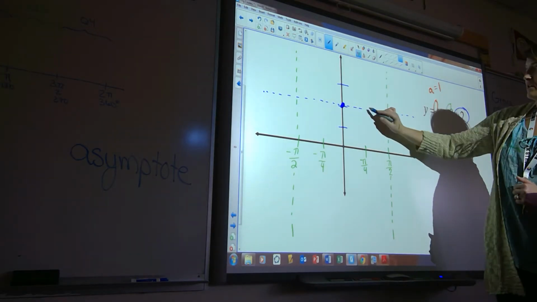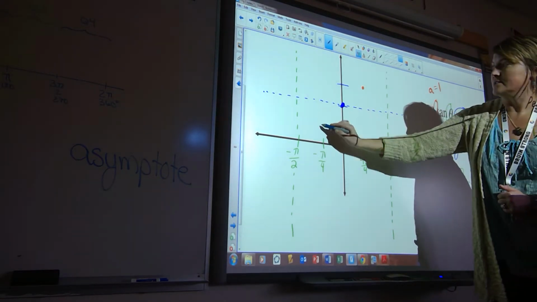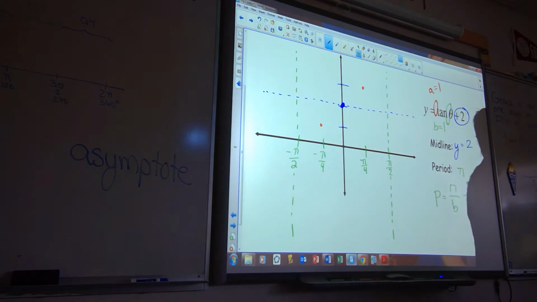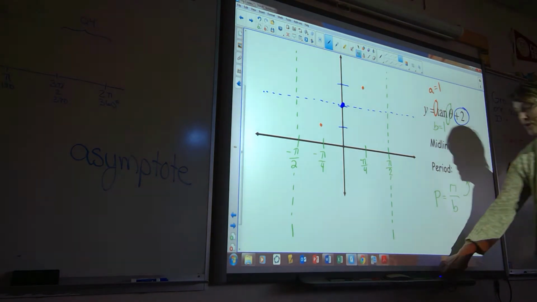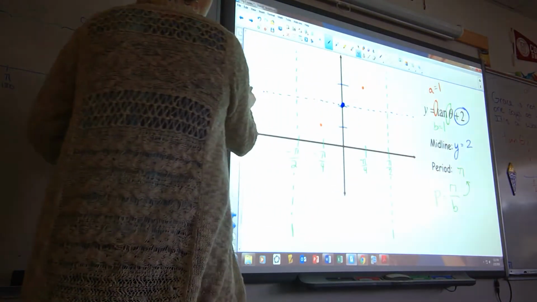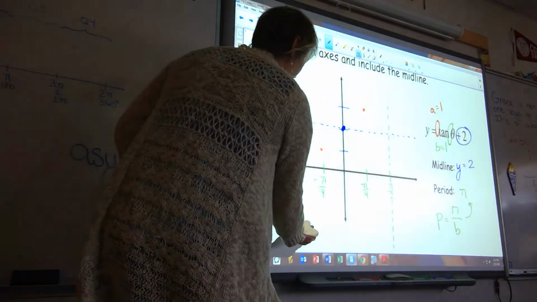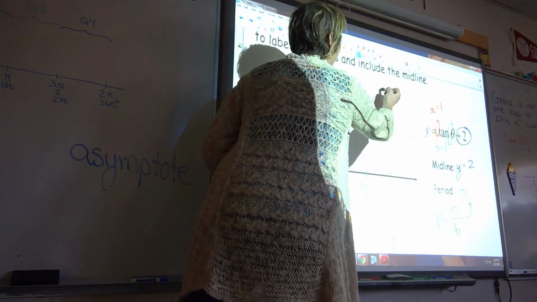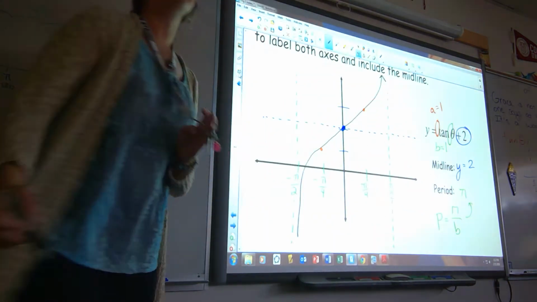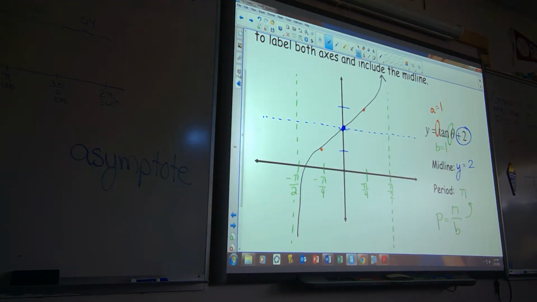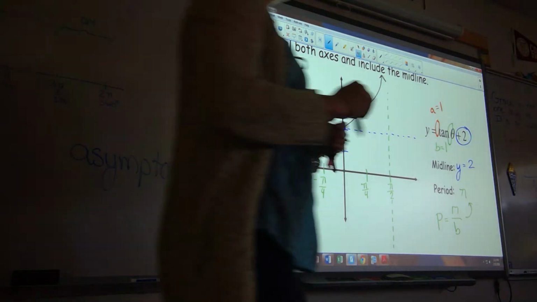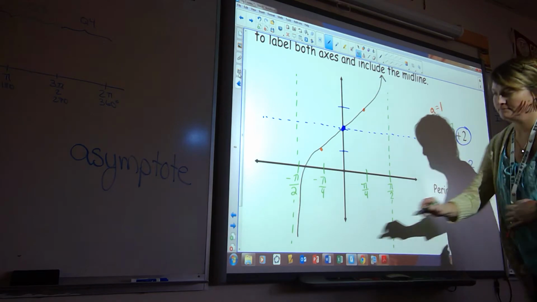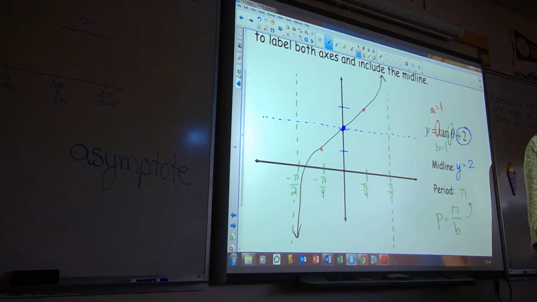So from here, I go up 1 and down 1. And then we just draw our curvy little shape. Just do your best. It basically approaches that asymptote, but never ever touches it and never ever crosses it. It just gets really, really close to it on both ends.